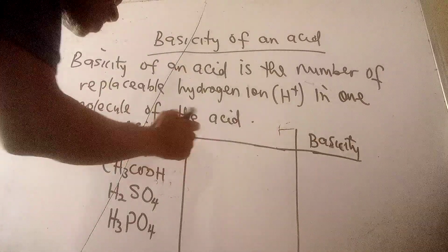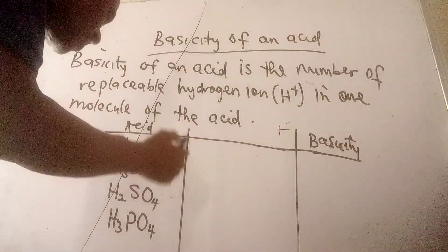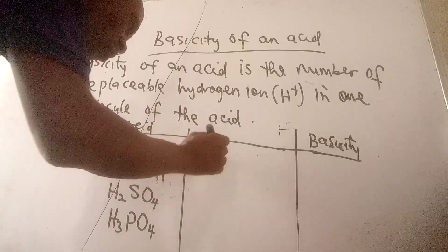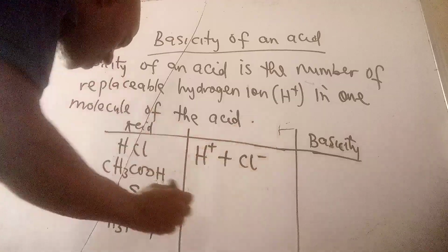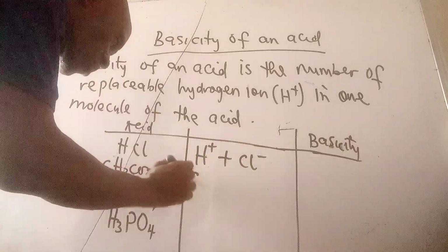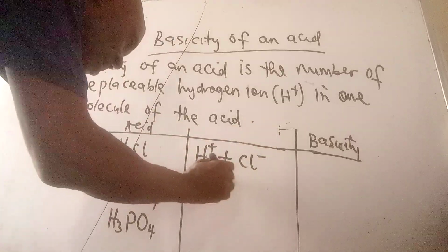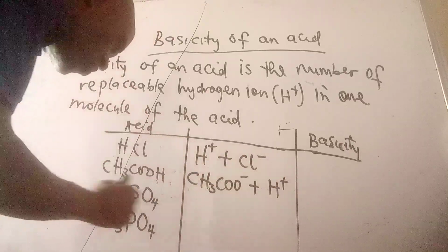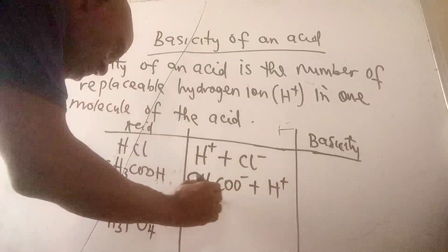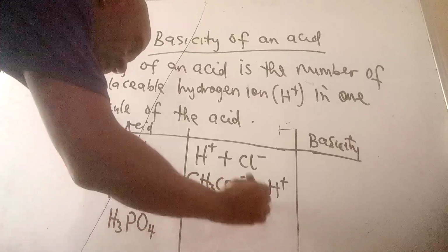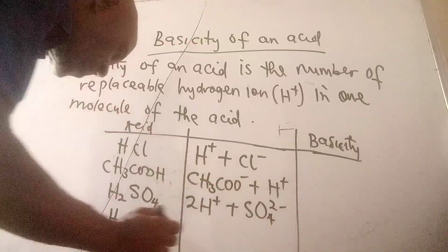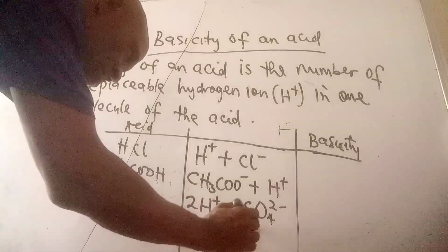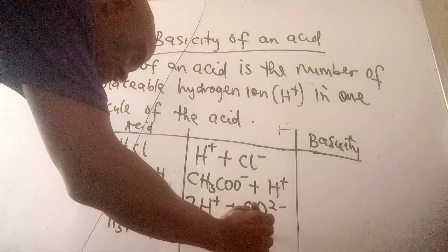Now, when they ionize, hydrochloric acid will become H+, one hydrogen ion, and this chloride ion. Ethanoic acid will become CH3COO- and one hydrogen ion. The next will become 2H+ and SO4 2-, but this one is 3H+ and PO4 3-.